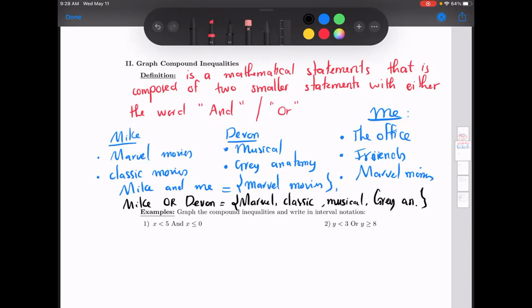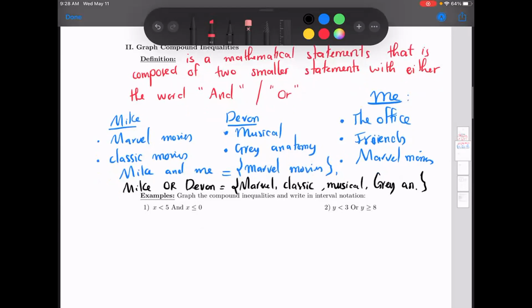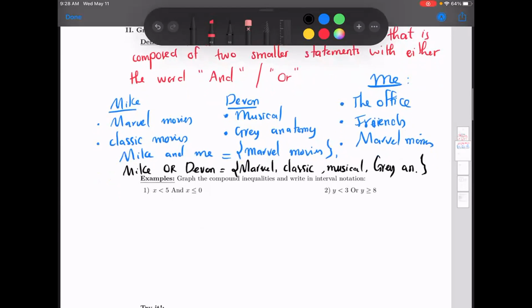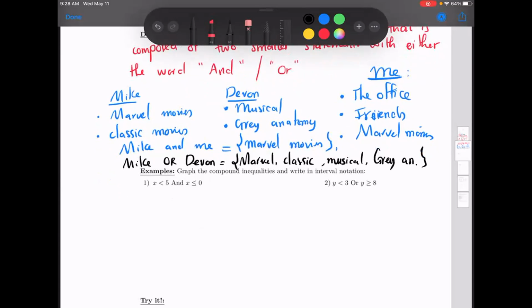But when you say or, it's like a married couple. Before you marry, bank accounts are separate. After you marry, you have a joint bank account, hopefully. Same thing with math. When you see and, you pick the common part, the intersection. When you see or, you pick the solutions of both.